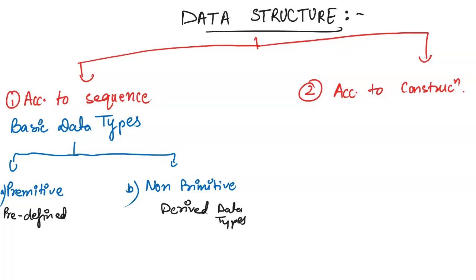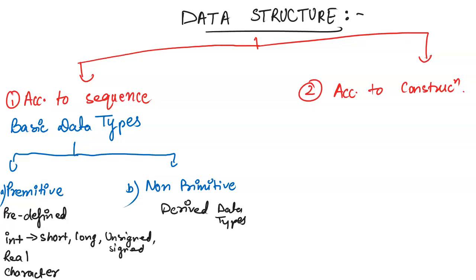The primitive data types are divided into int, real and character. Int is divided into four types: short int, long int, unsigned int, and signed int.